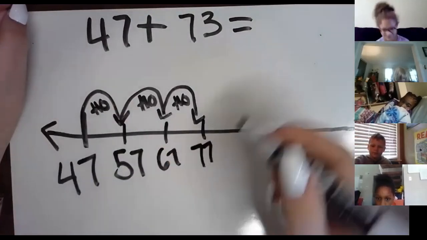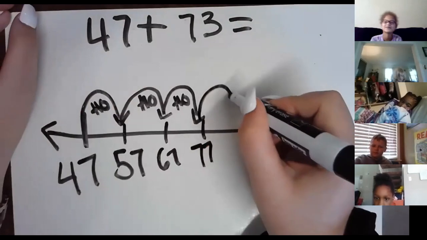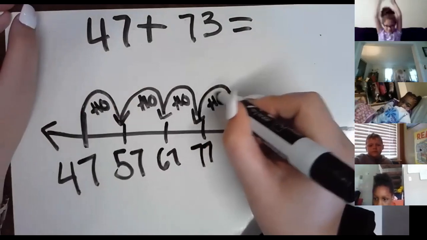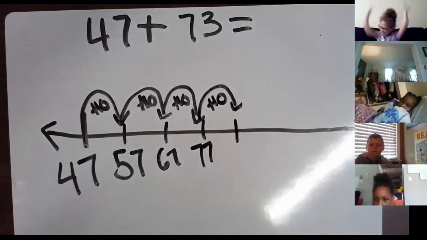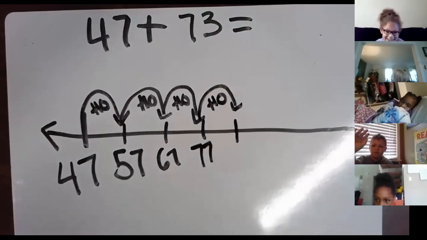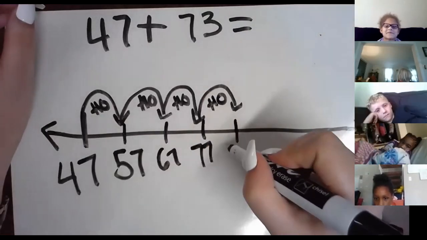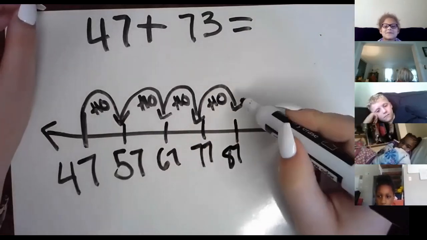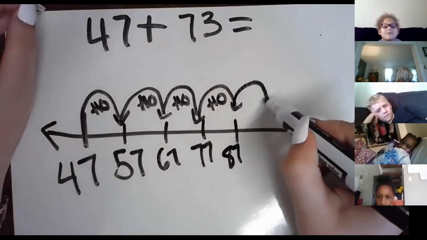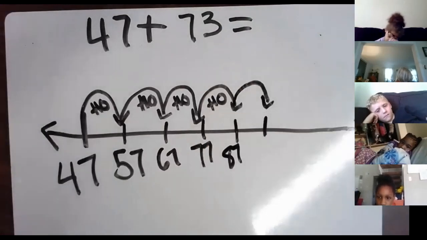All right, I've only added 30, so I'm going to add another 10. What's 77 plus 10? Paxton? 87. And then Heavenly, since I saw your hand too, what is 87 plus 10? 97.